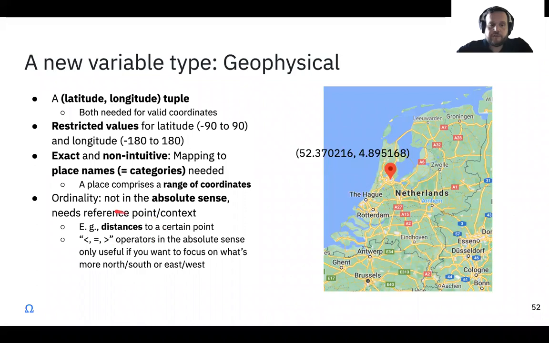For us to be able to do ordinality, or some advanced, ratio-style comparisons, we need a reference point or context. So we need distances between the two. Geophysical data, a new variable. Many of you, of course, already know this, and it needs special considerations. You cannot map it easily directly to other types of data.